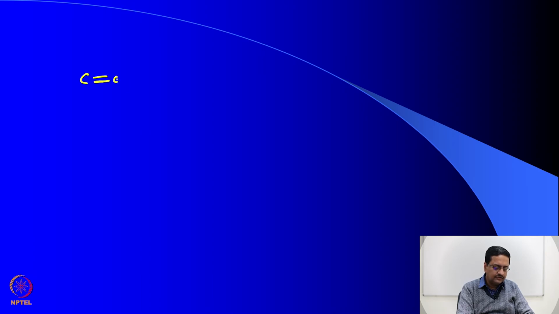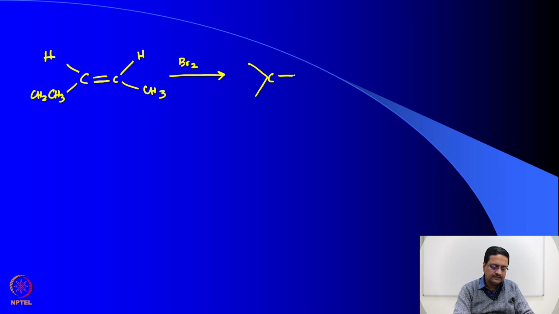Suppose you had this alkene which is unsymmetrical. So on addition of bromine, you would get a bromonium ion which would look like this.